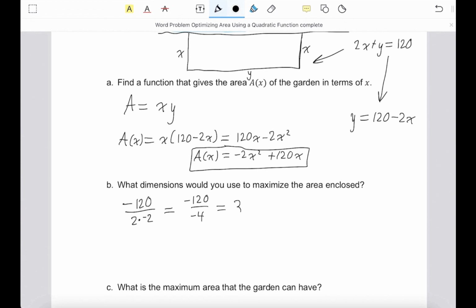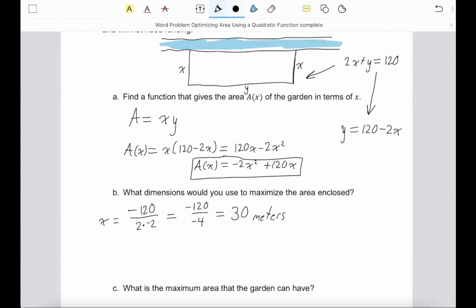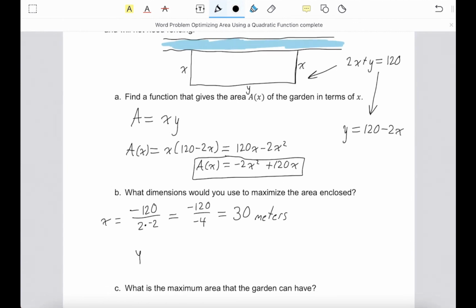And this gives me 30 meters for x. We also want to get the y value. So y equals 120 minus 2 times 30, which is 120 minus 60, which gives me 60 meters for the y dimension.